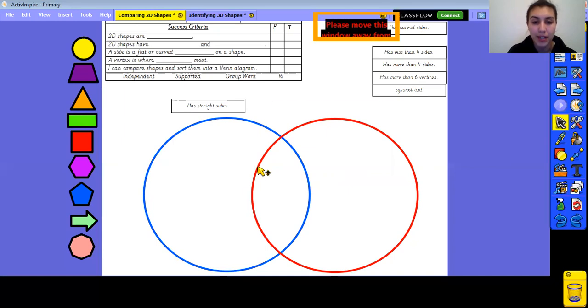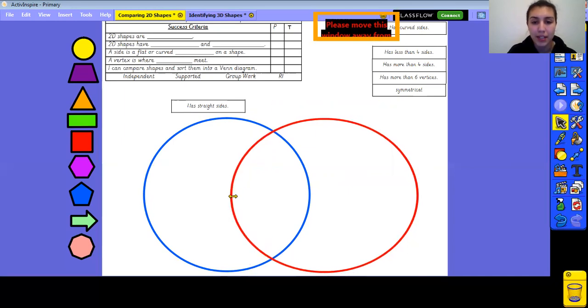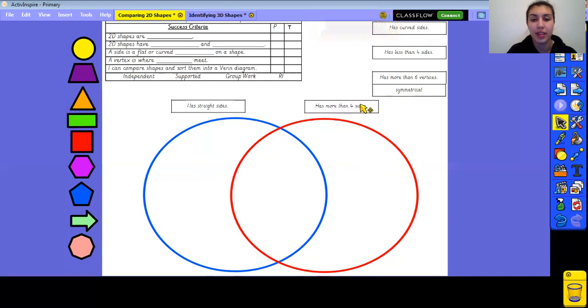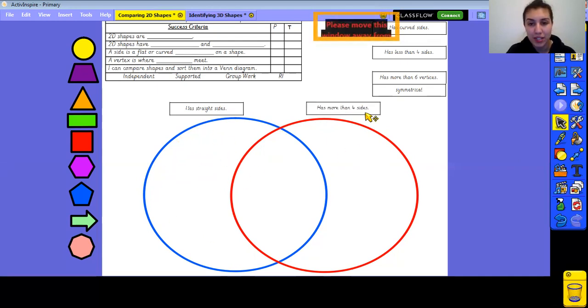I'm just going to make these a little bit bigger. And I'm going to name my other circle has more than 4 sides. There we go. So this blue circle is called has straight sides, and this red circle is called has more than 4 sides.